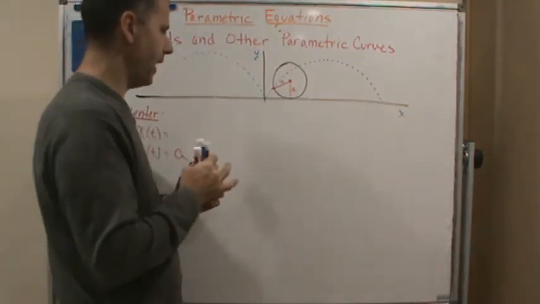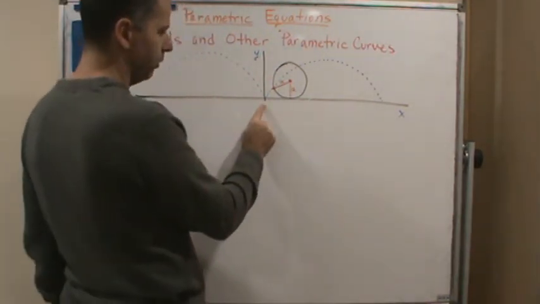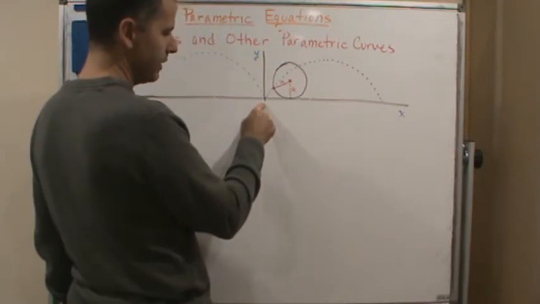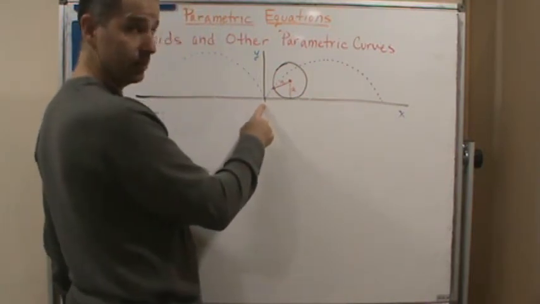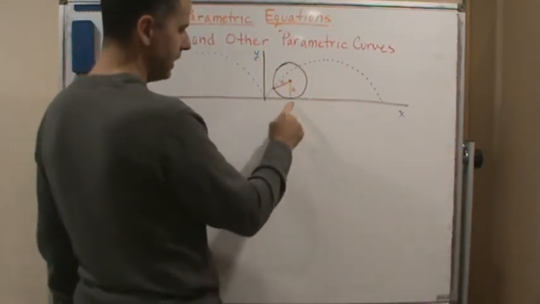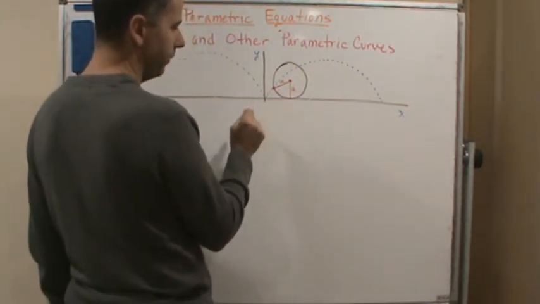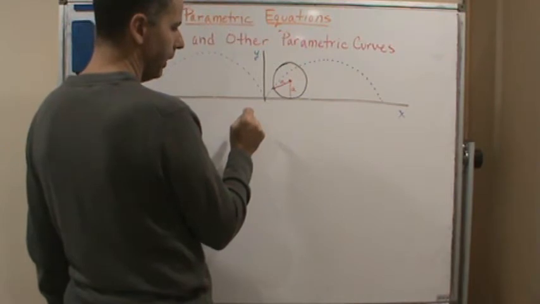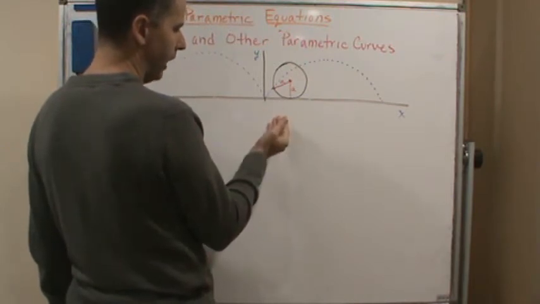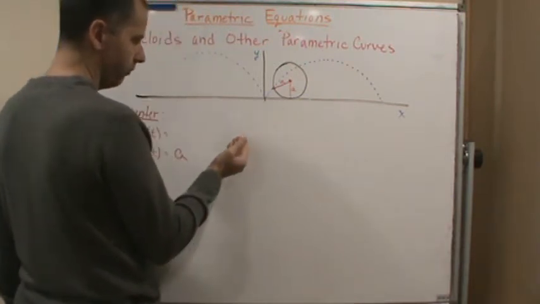Because if t equals 0, then what is x? 0. If t is equal to 1, how far would I be?